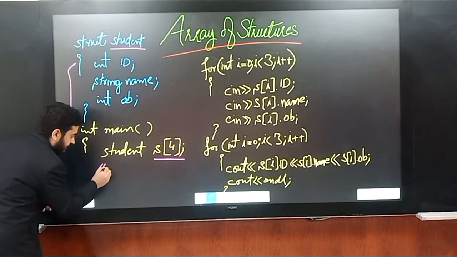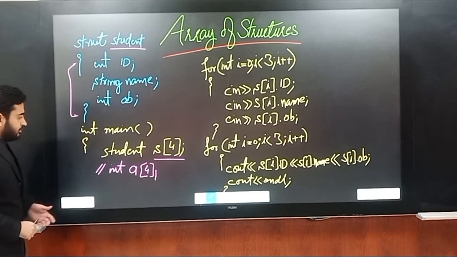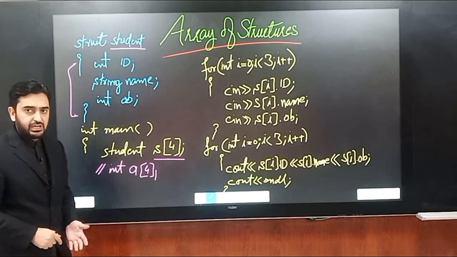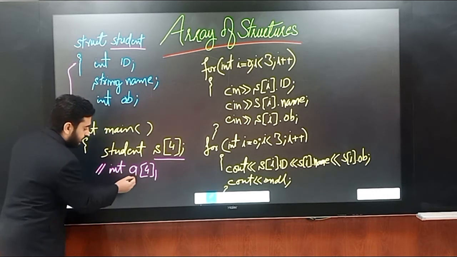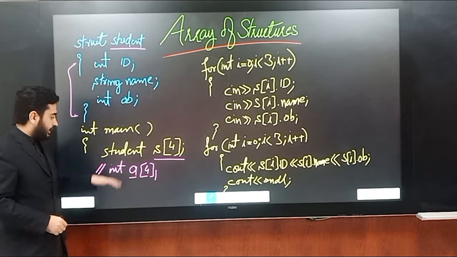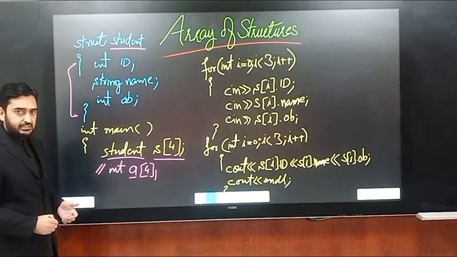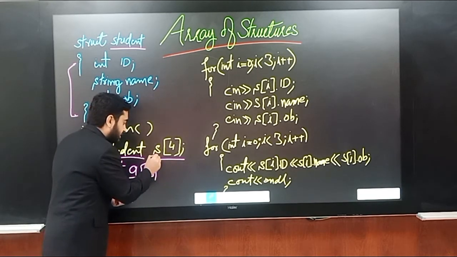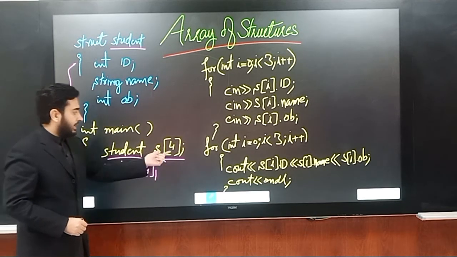For example, normally we declare, so this is the syntax to declare a variable for any primitive data type with a variable identifier. In a very similar way, this is the user defined data type, this is the identifier, the name of the variable, and this is the syntax.